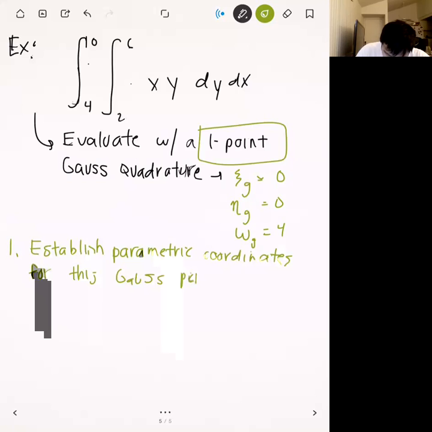And we've already done that. We established that the Gauss coordinates are xi g is equal to 0 and eta g is equal to 0.